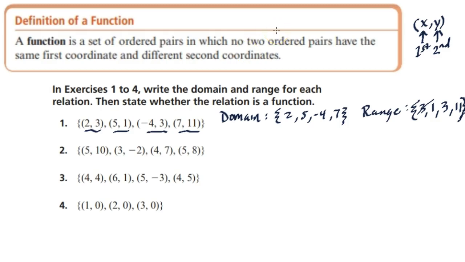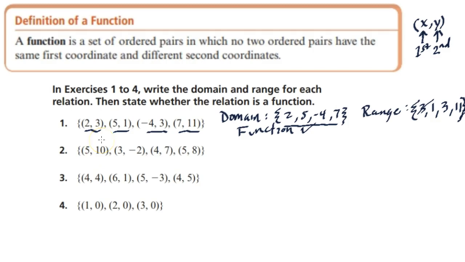So if we have the same first coordinates, we have to have the same second coordinate to be a function. But if we have the same first coordinates and different second coordinates, then we're in trouble. As we can see, we have all different first coordinates. So that's all good. So it is a function, yes.